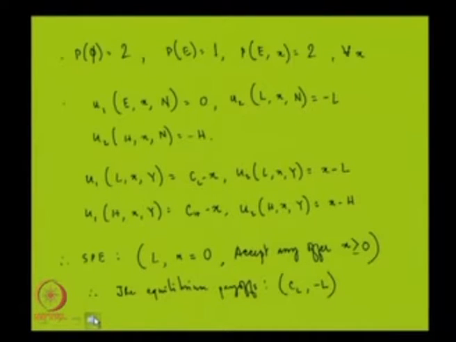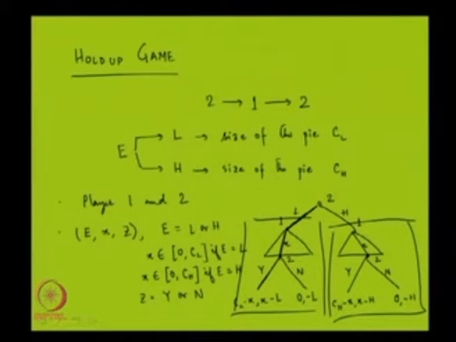But in equilibrium, player 2 is getting 0 here. So there is no incentive for him to put in high effort, and neither can player 1 convince him, saying that if you choose high effort and the pie is so large, I will share a part of it with you. That is not credible, because once H is chosen, the equilibrium is that player 1 is going to offer player 2 only 0.